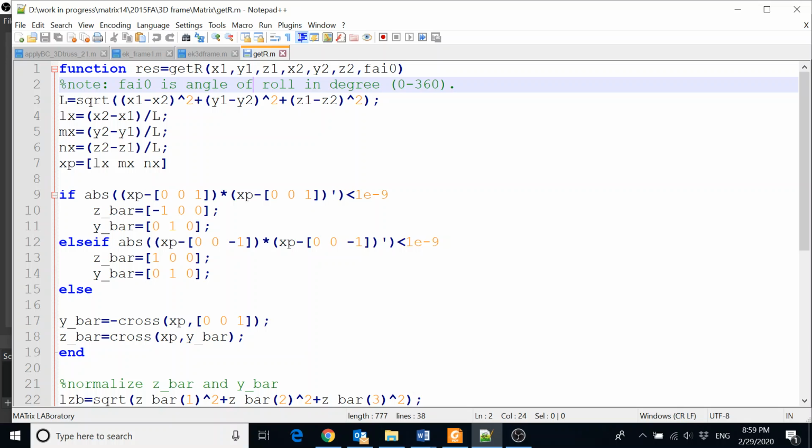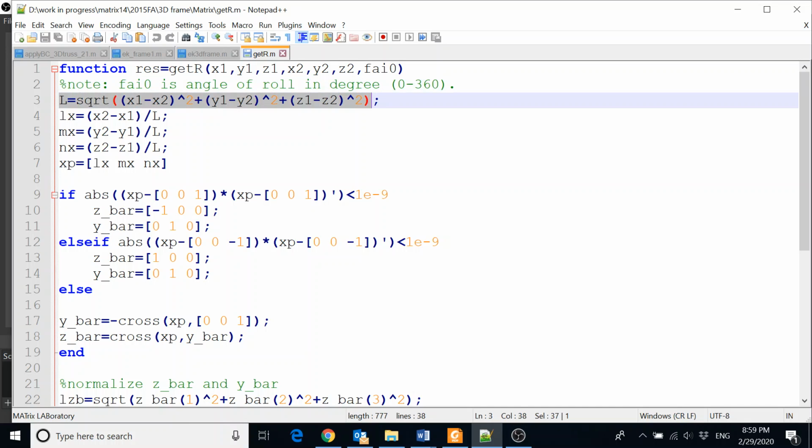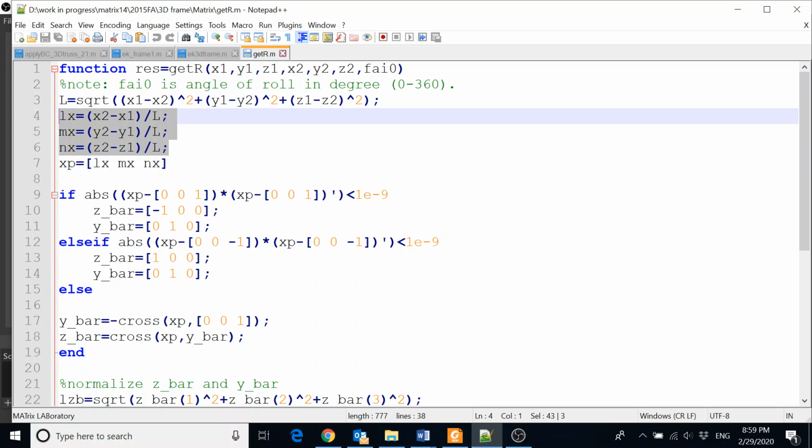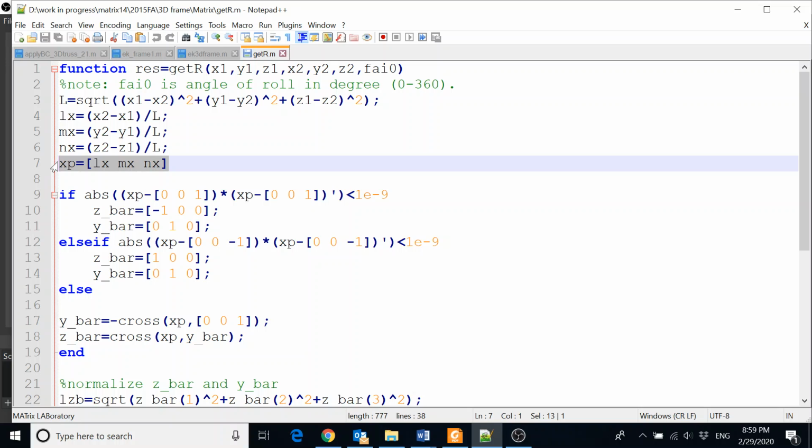So first off, you calculate your length. Fair enough. Then you get your first unit vector, which is pointing along your x prime direction, which is this guy. I don't really need this, but it makes my programming easier.